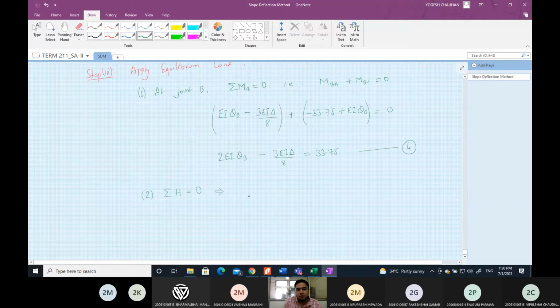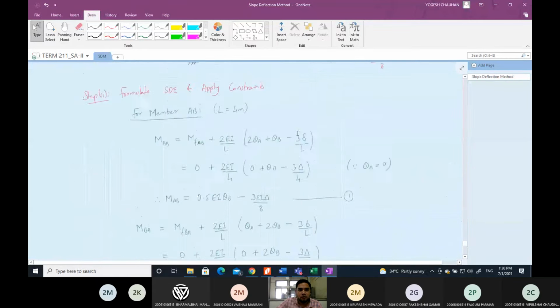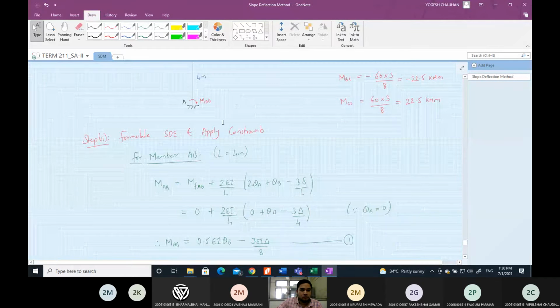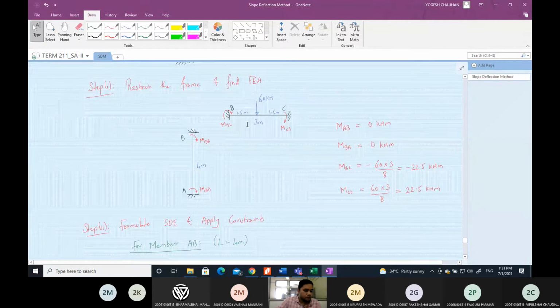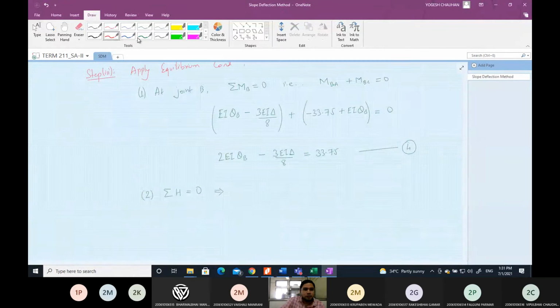So this implies, let this be HA. Your HA should be equal to 0 because we have only one reaction in the horizontal direction, by support A. So this HA should be equal to 0.